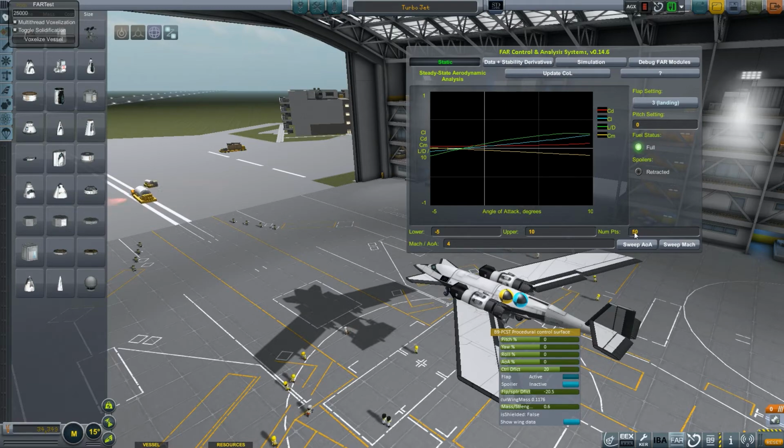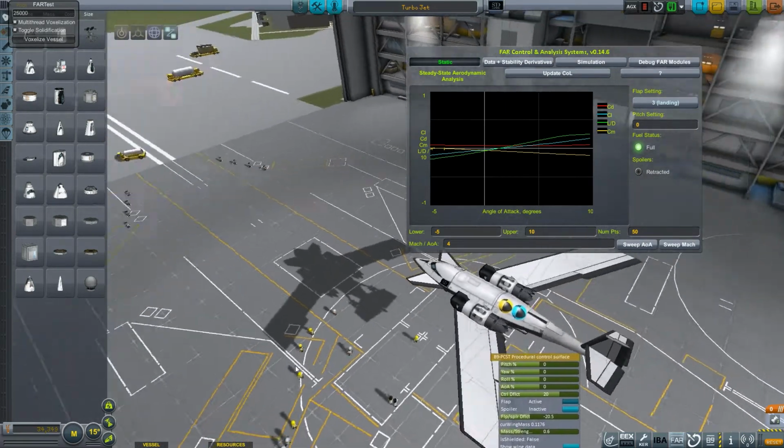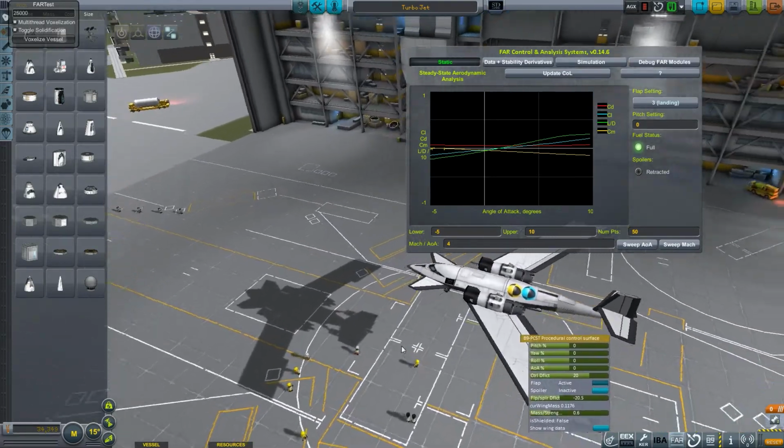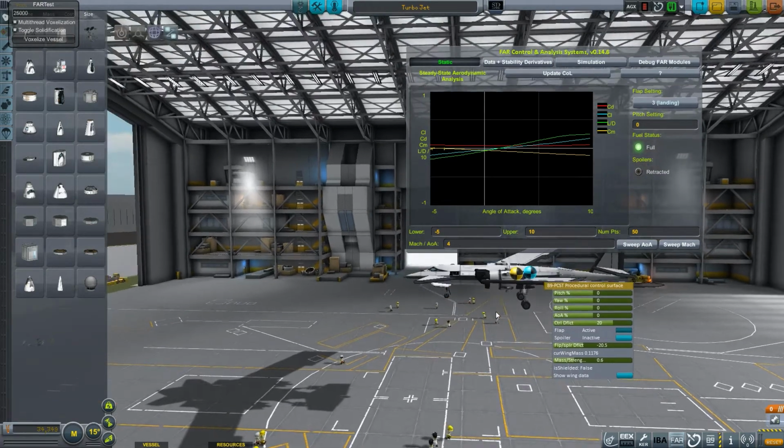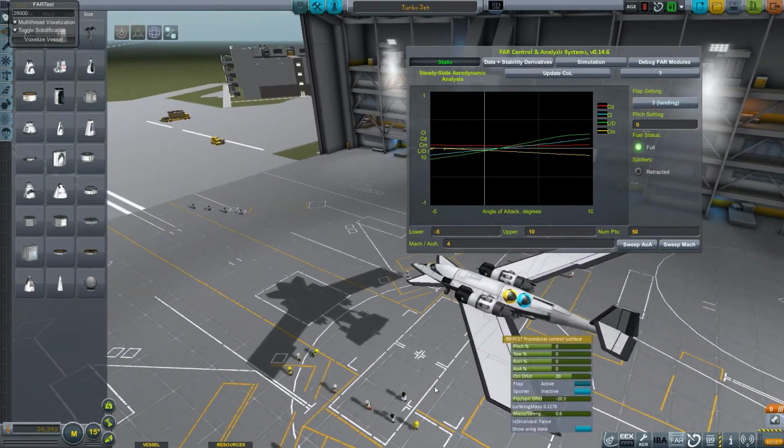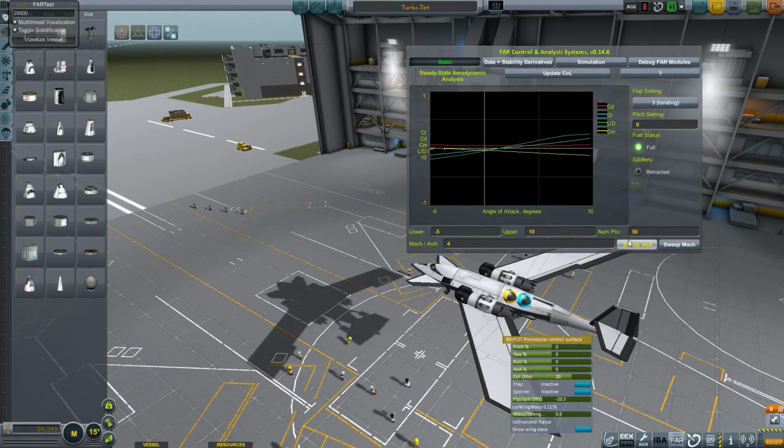Put them right there. And that did not really help us out, mostly because if you look at our center of mass, these do not have very much leverage. We'll just turn off flaps for those so we get back where it needs to go.